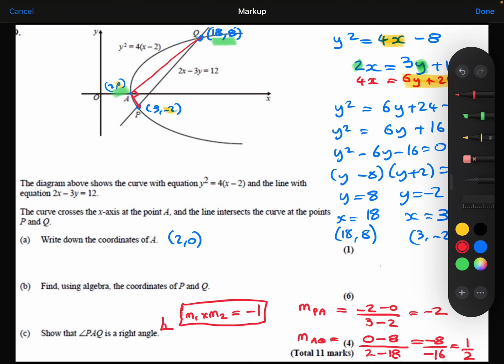And so, if we multiply those two gradients together, we do indeed get minus 1. Therefore, PAQ is a right angle.